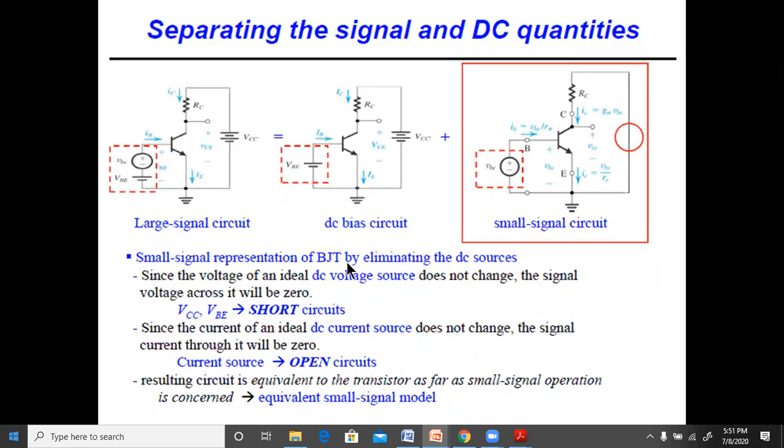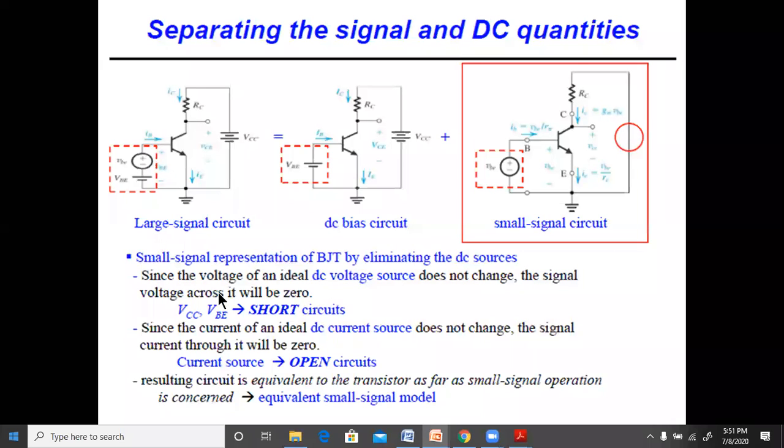Small signal representation of a BJT is done by eliminating the DC sources. Since the voltage of the ideal DC voltage source does not change, the signal voltage across it will be 0.